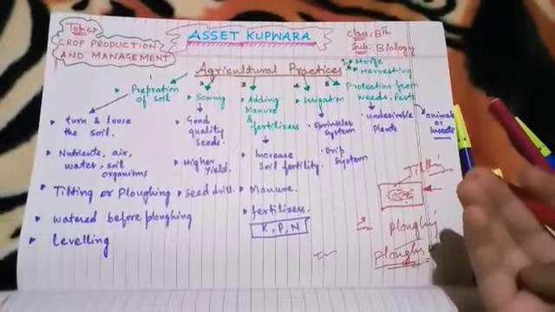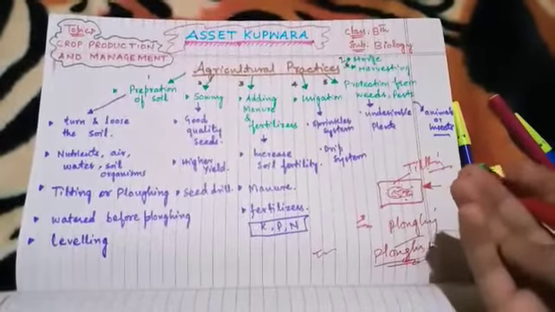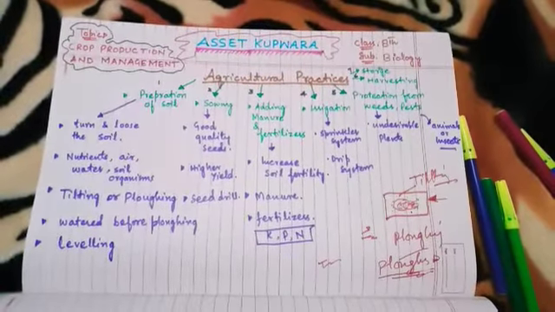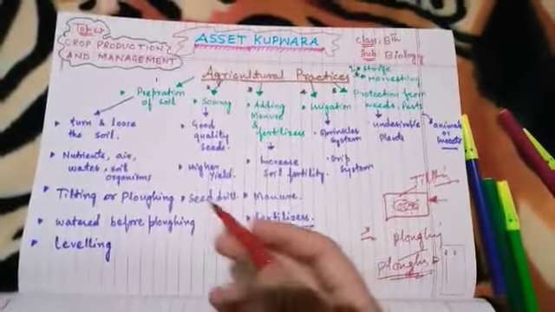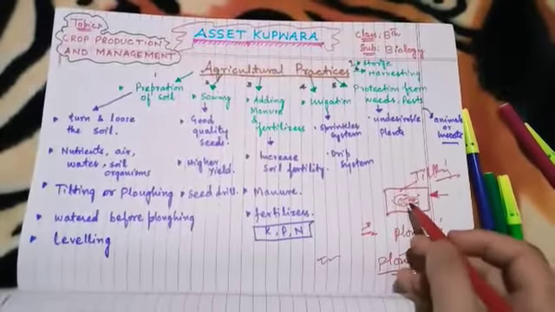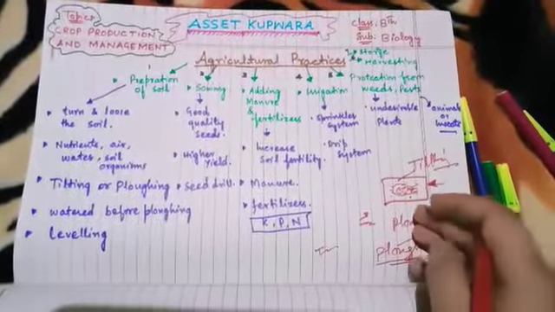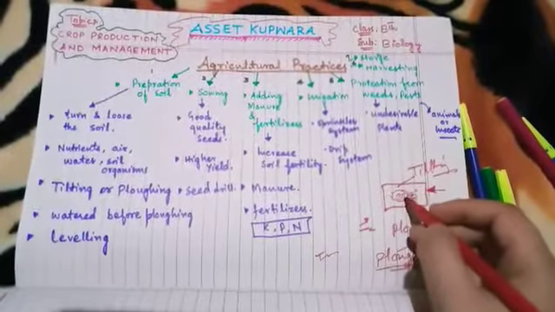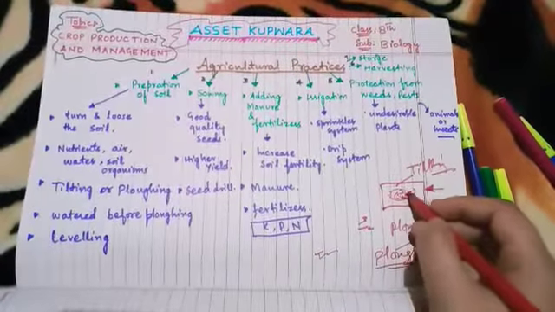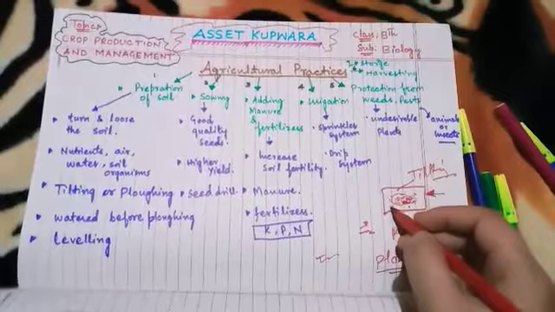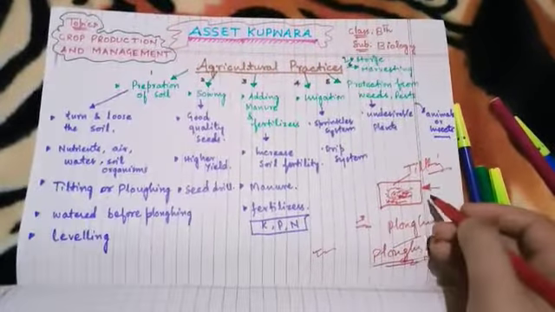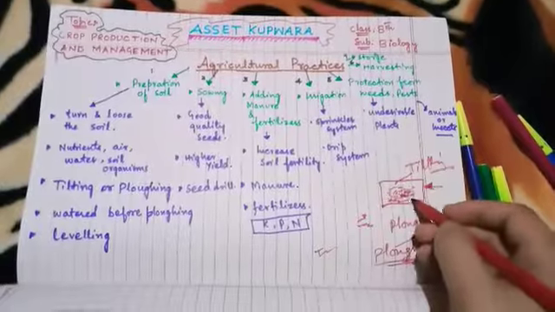It also contains other minerals, so many: magnesium, manganese, chlorine. This is done so that nutrients will be available to plants, because when we sow seeds, they are sown on the top layer of soil, and these nutrients, air, water, and other soil organisms help in the fertility of soil.